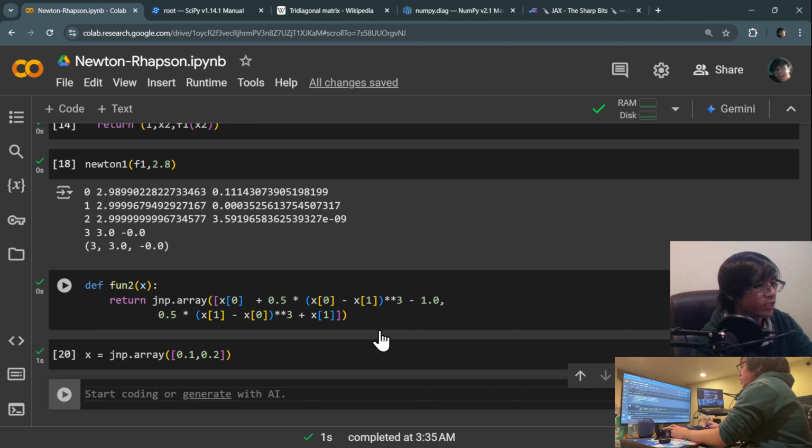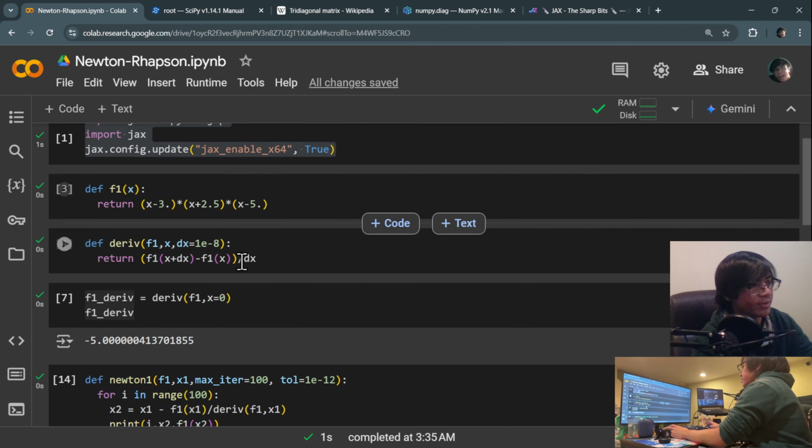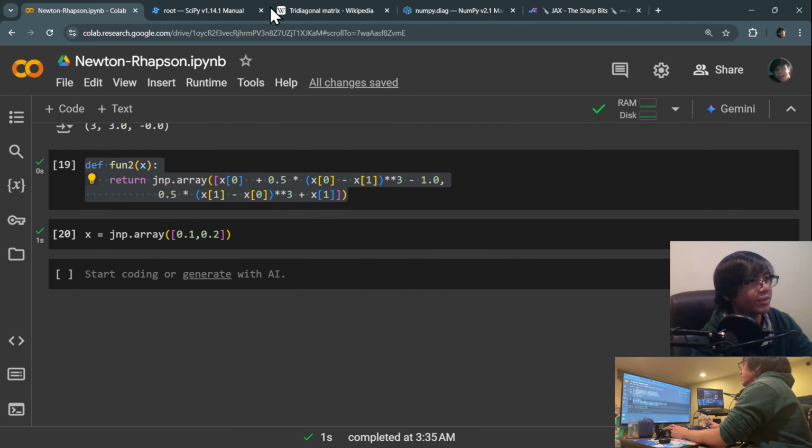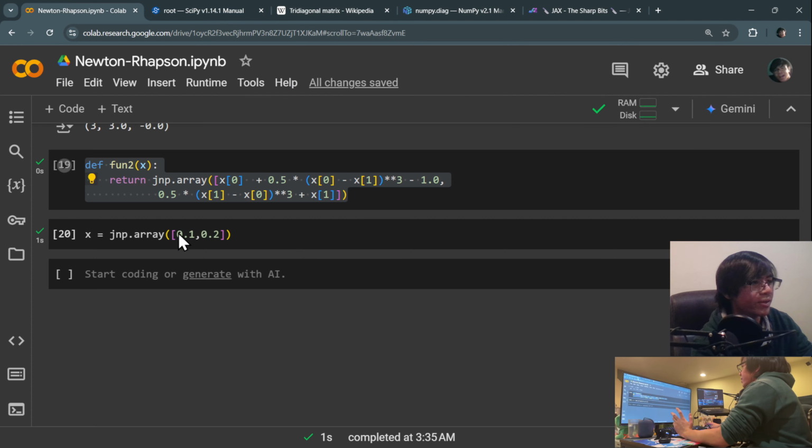So if we do the jax.jacobian of this function, it's effectively the same thing as doing this derivative, but you'll notice that it was the partial derivative, and look at all that coding that was done. Of course, you can do it manually, by hand, but again, jax.jacobian does it so much faster that there's no reason not to use this. So if we do our f2, well, let's just do it first.